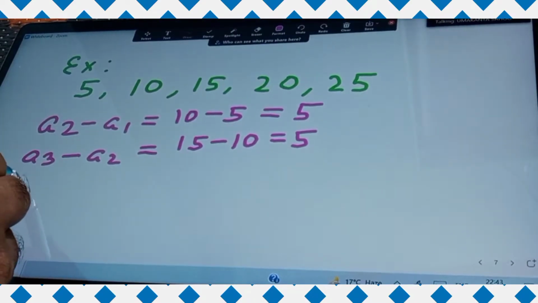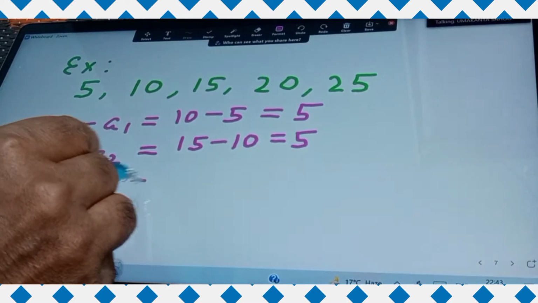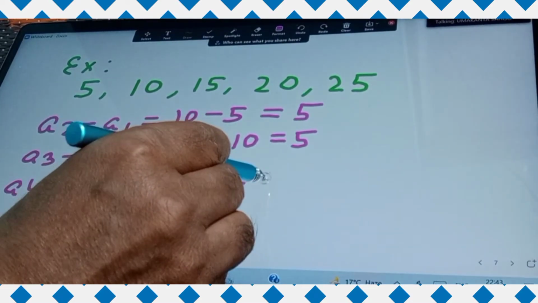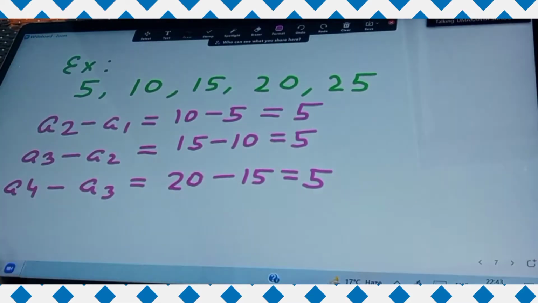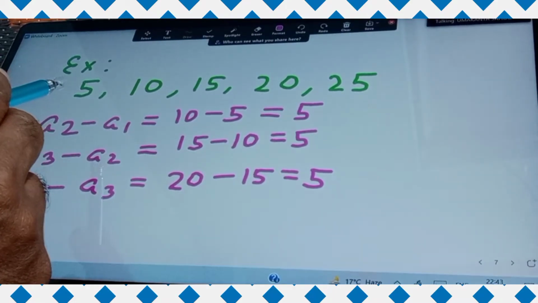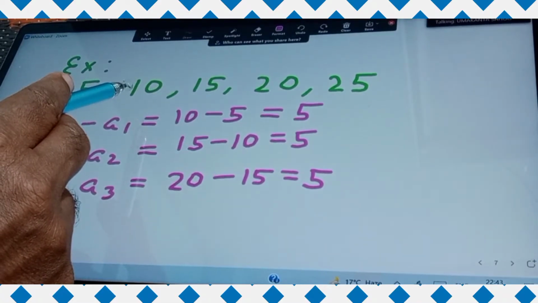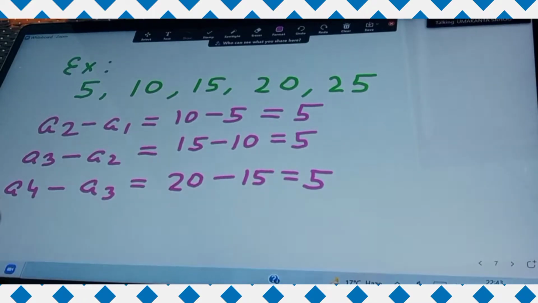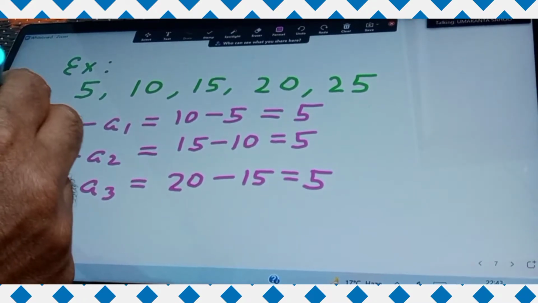Then A4 minus A3, 20 minus 15, is also 5. This is a group of numbers arranged in such a way that the difference between the two consecutive terms, meaning the difference between any term and its preceding term, is always 5. So we can say this is a sequence. Is it clear about the sequence?